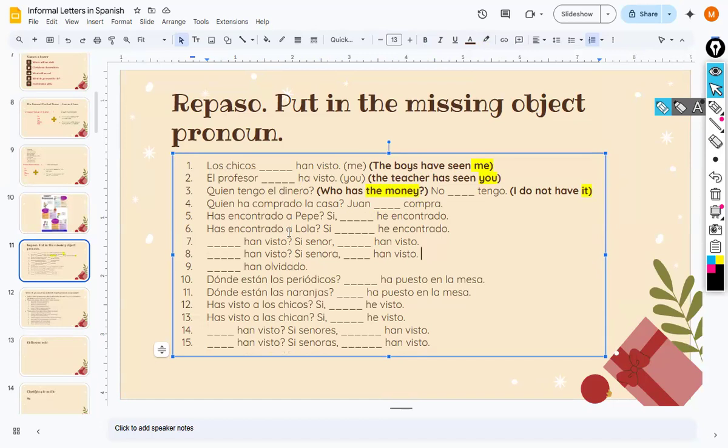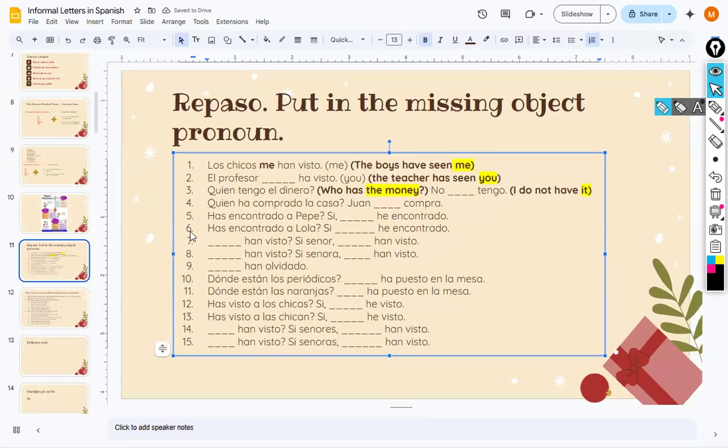All right, so what do we think? What is the direct object pronoun for me? Me, right? So we're dealing with the object pronouns again. We're not translating in perfect tense again.